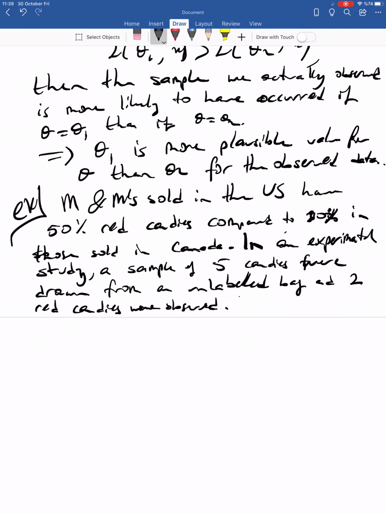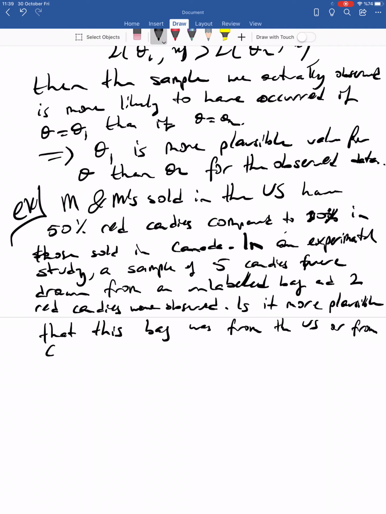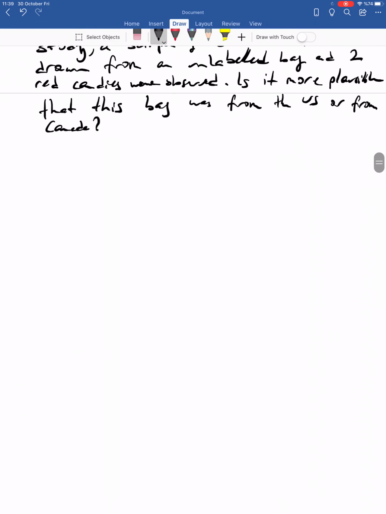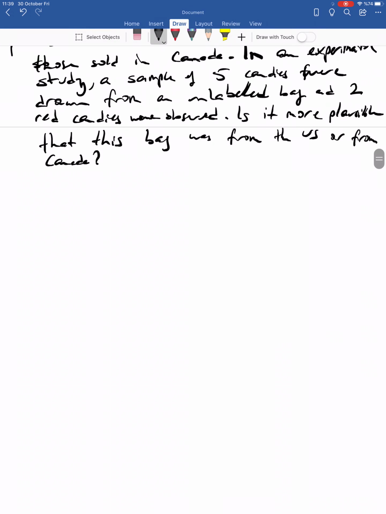Is it more plausible that this bag was from the United States or from Canada? We want to see that. We know we have 2 red candies out of 5. First of all, let's define our random variable.